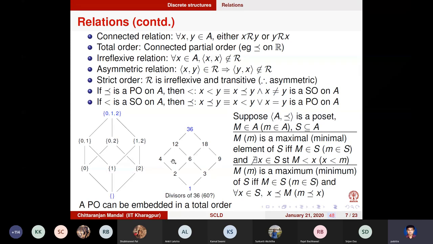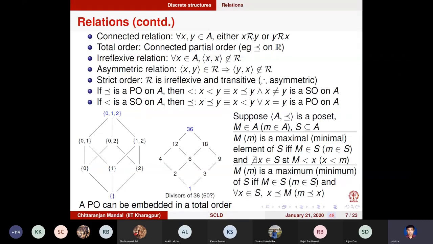So this maximal and minimal element would be called the greatest and the least element. So 36 is the greatest element of this poset and 1 is the least element of this poset. Similarly, in the left hand side poset, the full set is the greatest element and null is the least element.